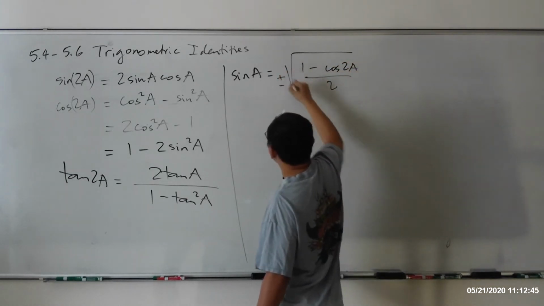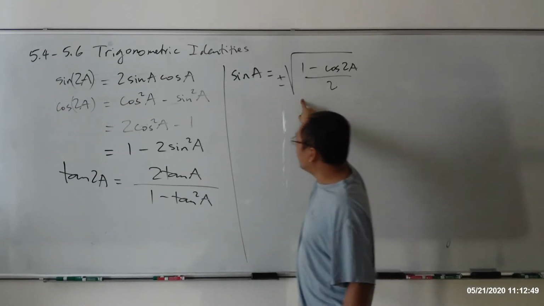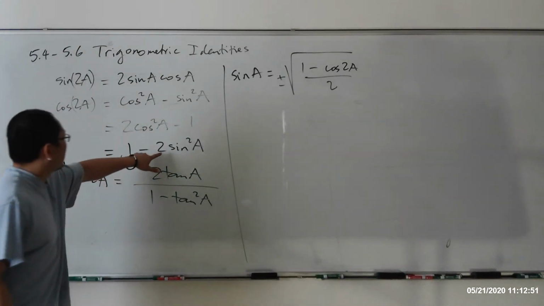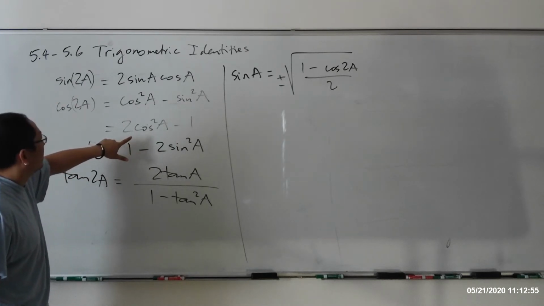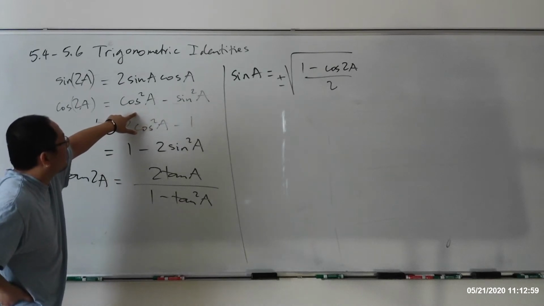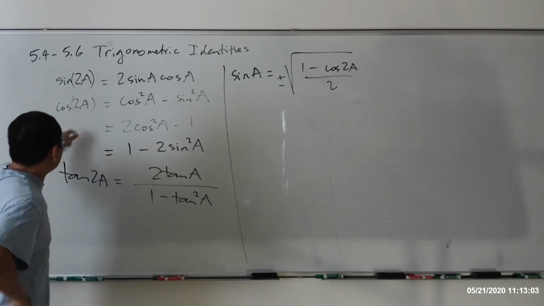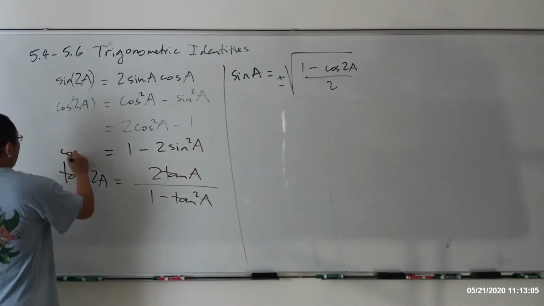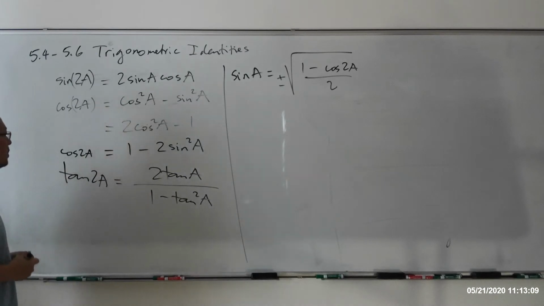You guys see where I got this formula from? This one is coming from this one right here. Cosine of 2A is equal to 1 minus 2 sine square of A, right?